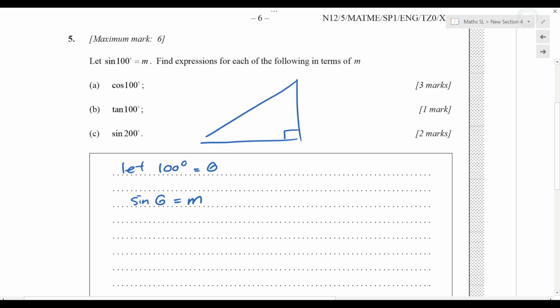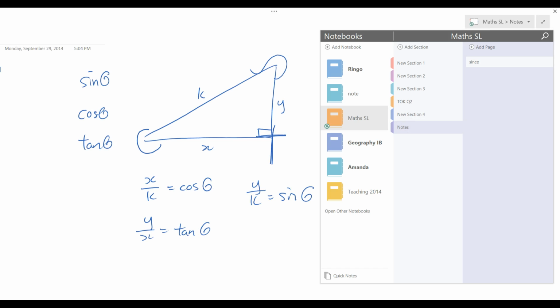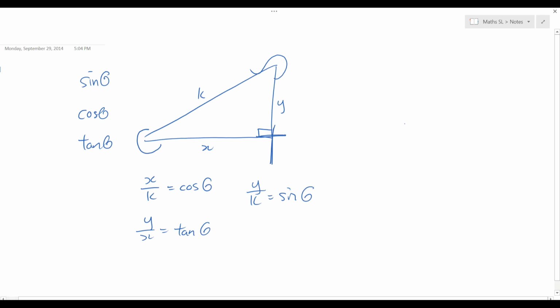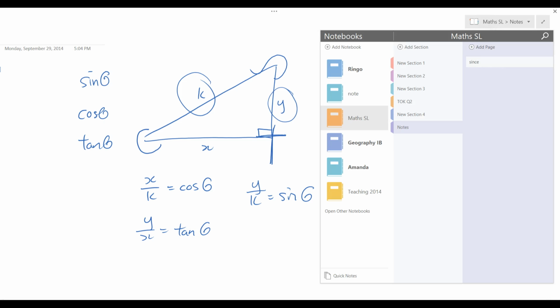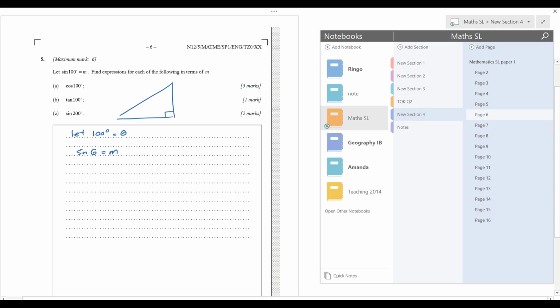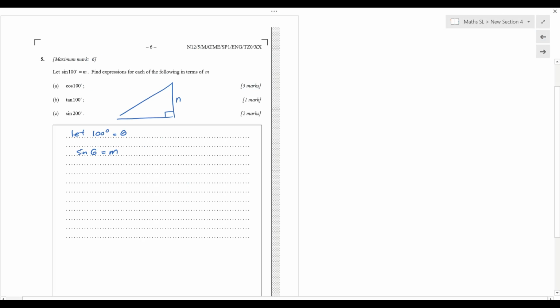If we look back at this, sine theta is y over k. So if this is m over 1, m divided by 1 is just m. So we know that sine theta is actually m over 1.